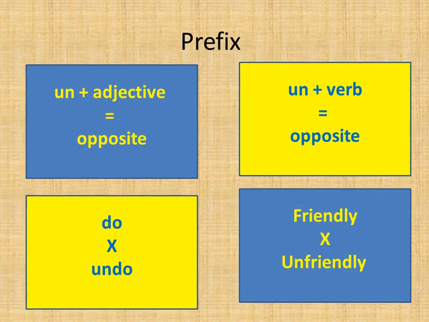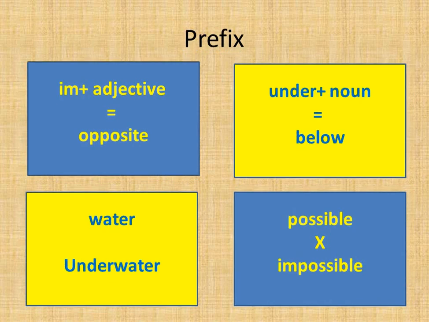But in both cases, it means opposite. If we add im before an adjective, it gives the opposite. Possible, it's an adjective. Impossible, it's an adjective too, but it is the opposite of possible. Water is a noun. We can add under before the noun and it gives the meaning of below. Water, underwater. Ground, underground, as we said.